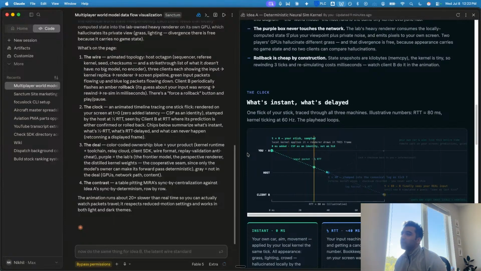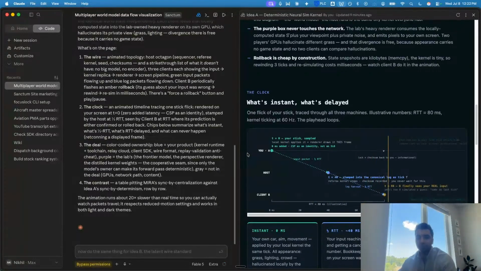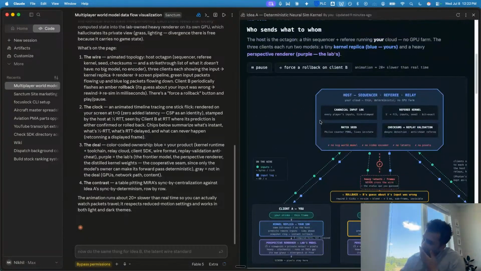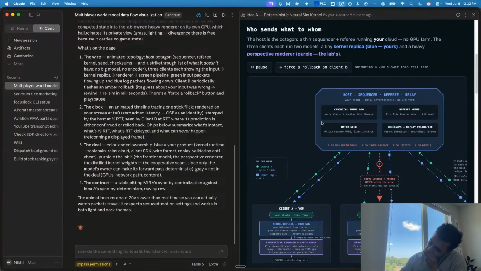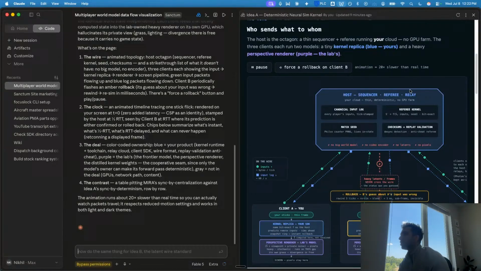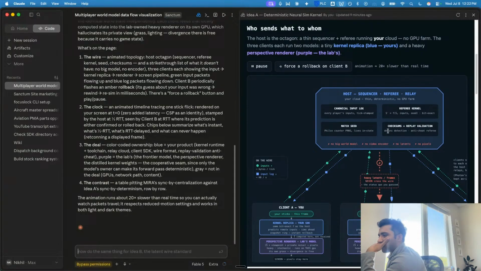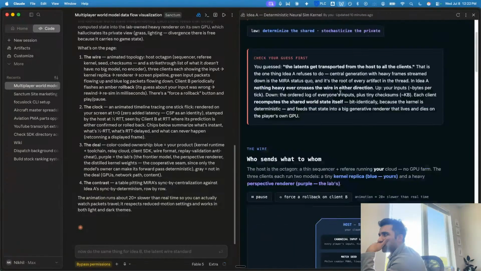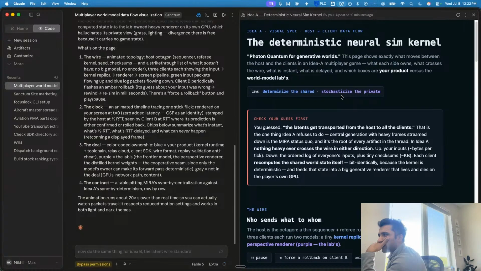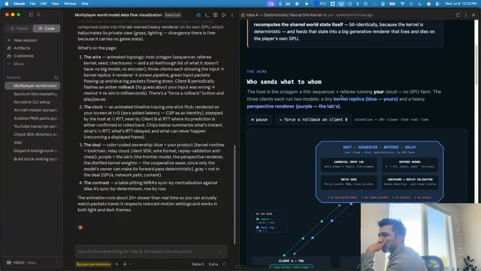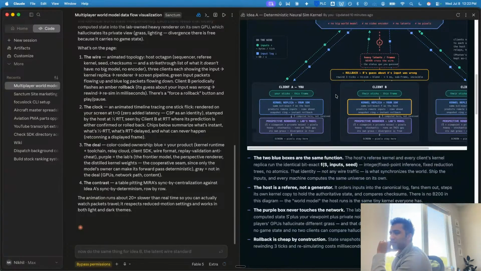I don't think this makes sense though, because this referee kernel is a function.